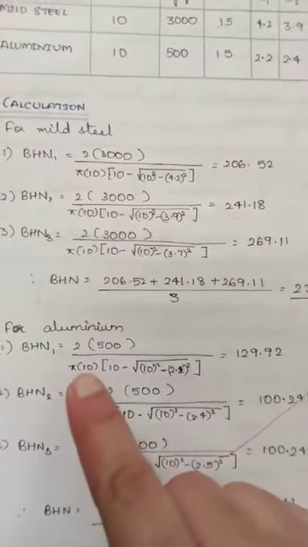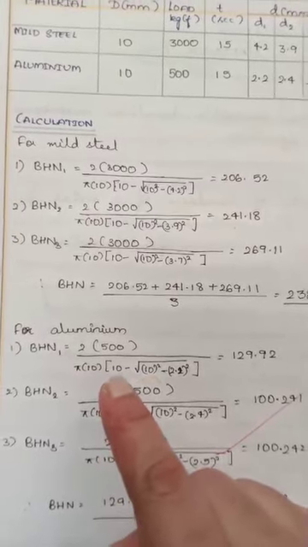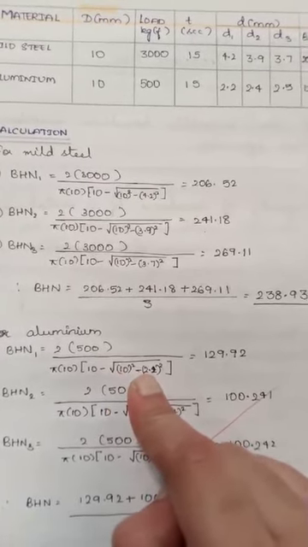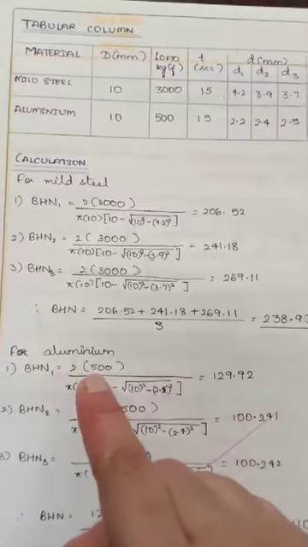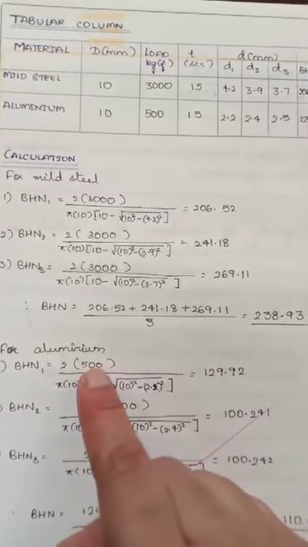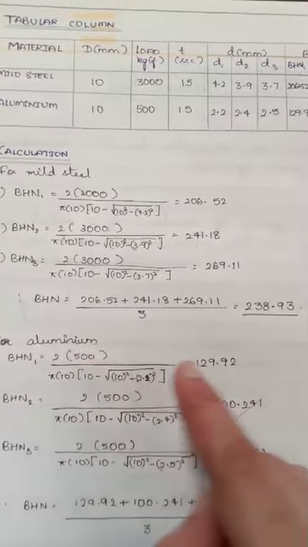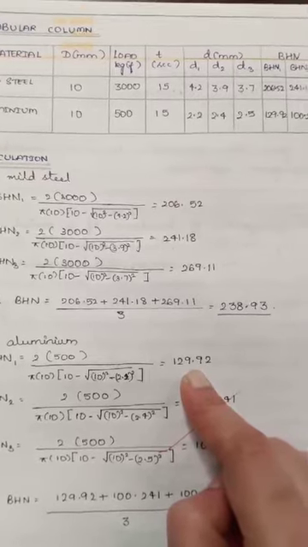Capital D is the diameter of the ball indenter, and small d is the diameter of the impression, that is 2.2 squared. The applied load is 500 kg of force. Then the BHN value we get is 129.92.